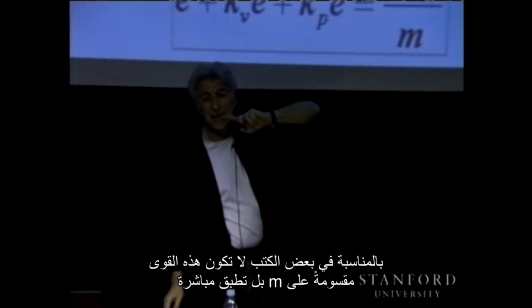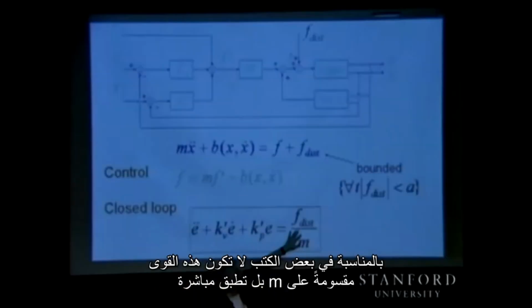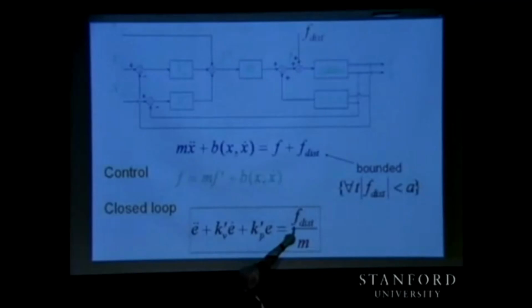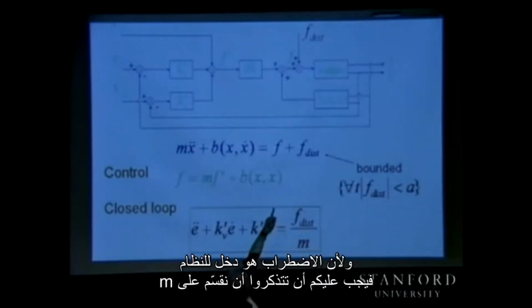By the way, in some textbooks, this is not divided by m. It's directly applied as if it was applied to the decoupled unit mass system. Because the disturbance is at the input of the system, you have to remember that we are dividing by m. So this is divided by m. Okay.